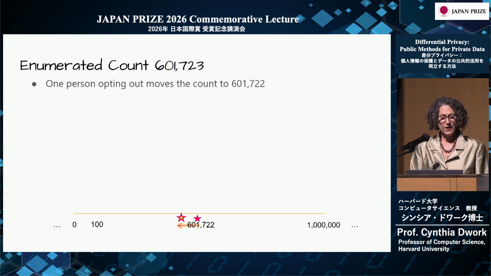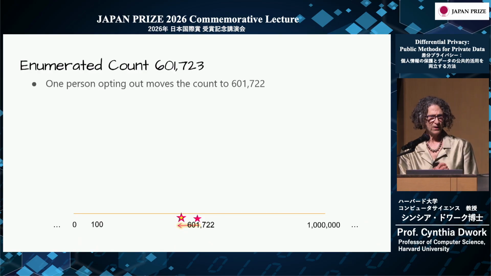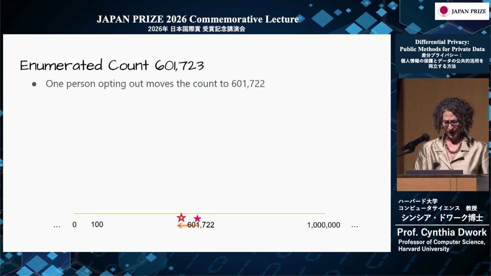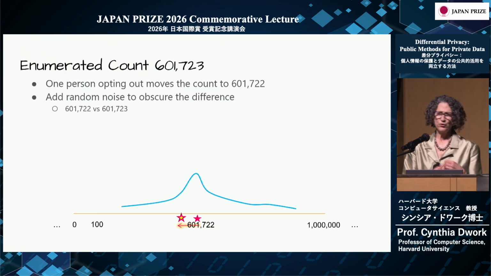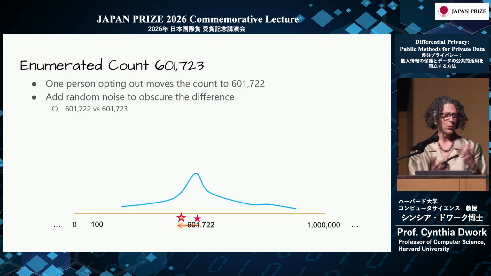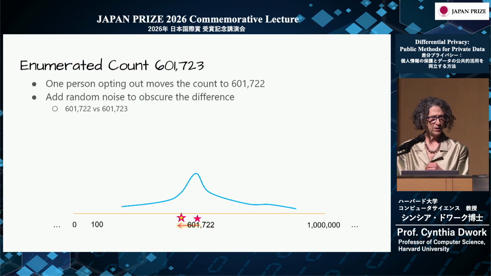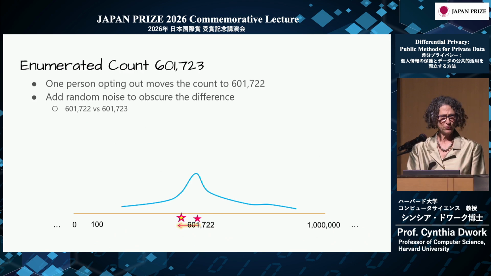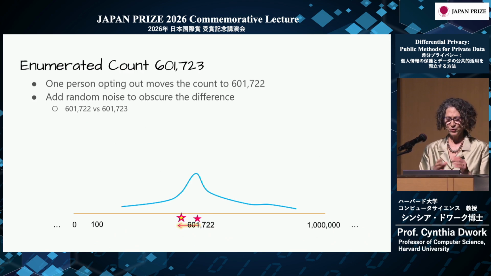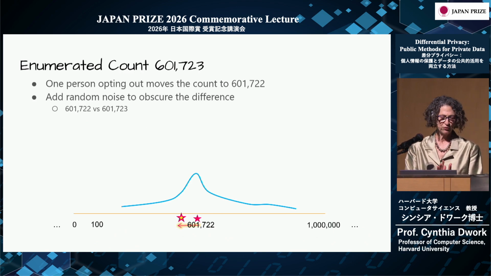Now, if one person were to opt out of the data set or fail to respond to the census, then the count would look like 601,722. And so what we are going to do, because we want to obscure whether any individual opted in or opted out, is add some noise to the true count in order to obscure the difference between 601,722 and 601,723.